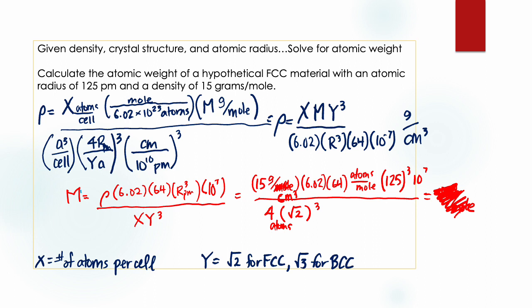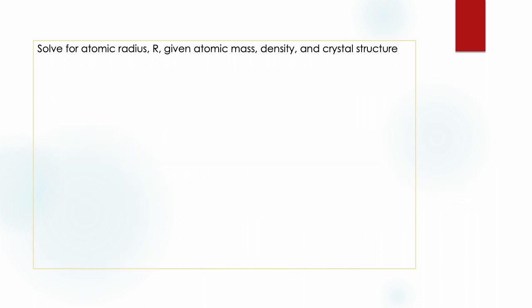So this was solving for atomic weight given crystal structure, density, and atomic radius. So first example, we were solving for density. Now we're solving for atomic weight. The next example is to solve for atomic radius if we're given mass, density, and crystal structure.